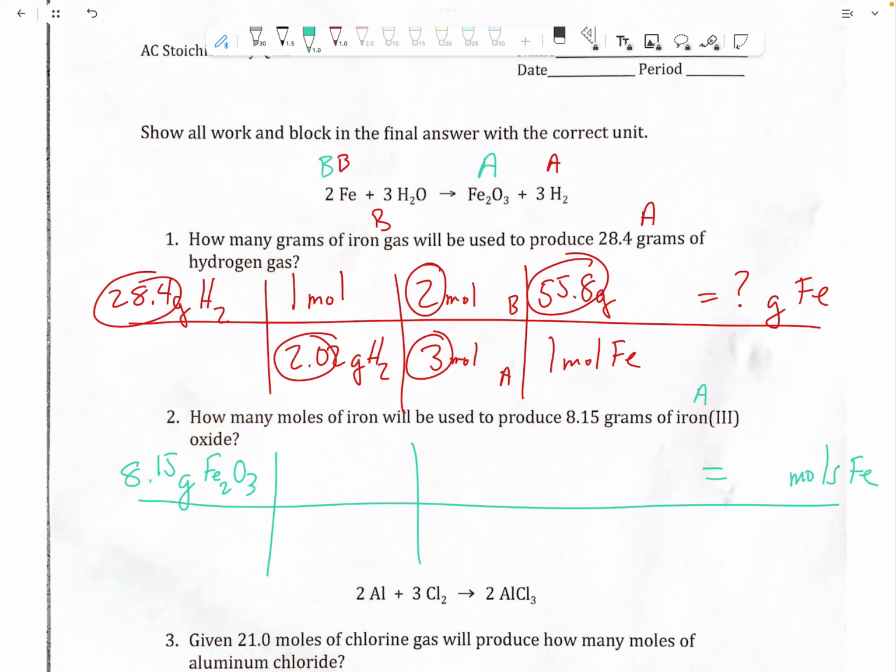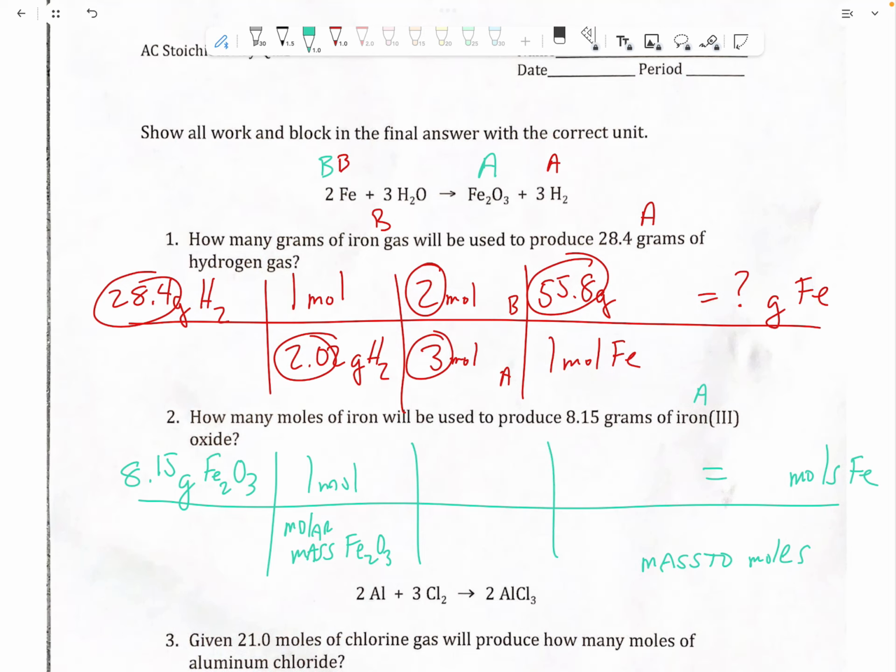And so what we have to do now is, this is a mass to moles problem. So this is mass to moles, okay? I'm not going to do all of it, but what I'm going to do is put the molar mass of Fe2O3 here with 1 mole of Fe2O3.